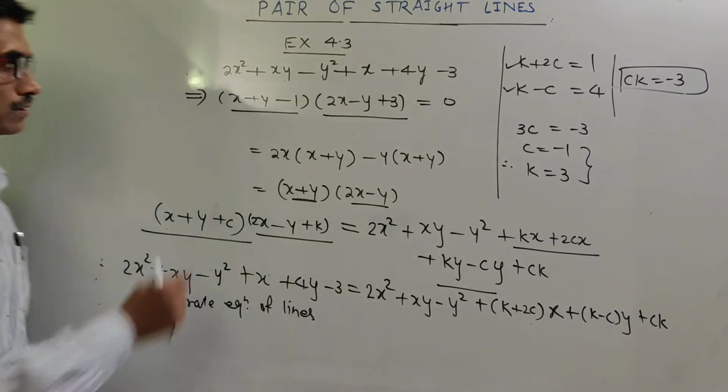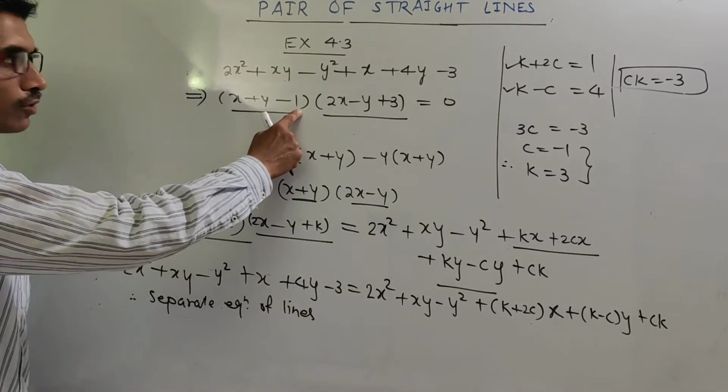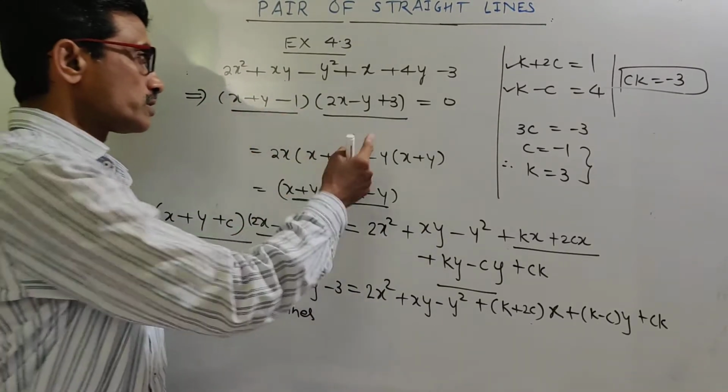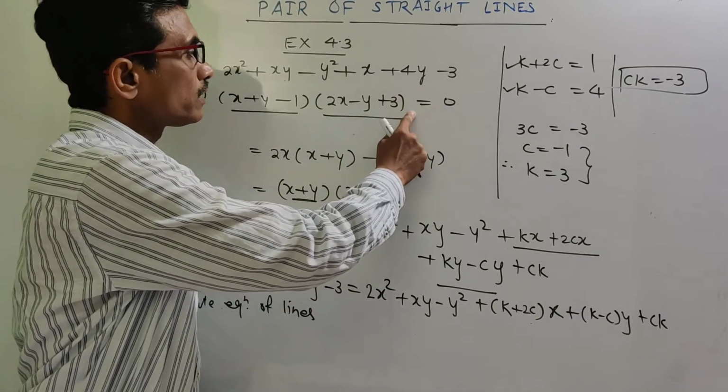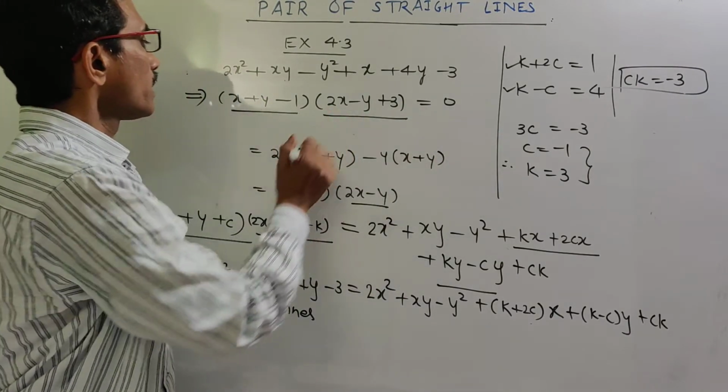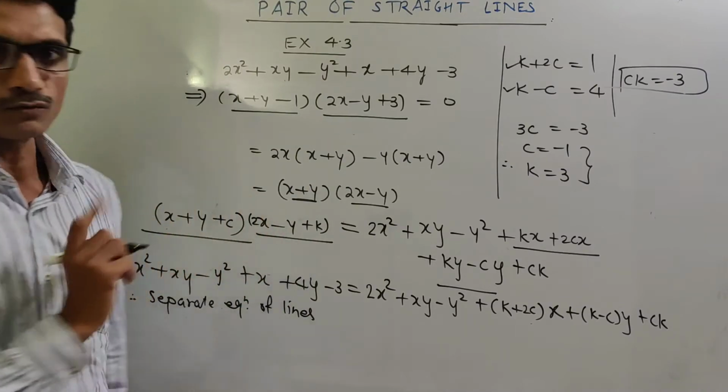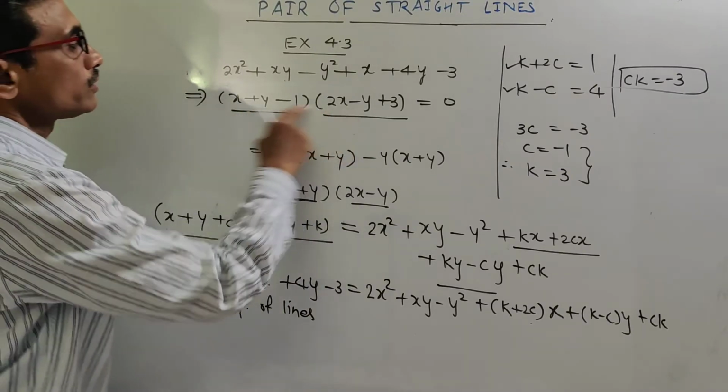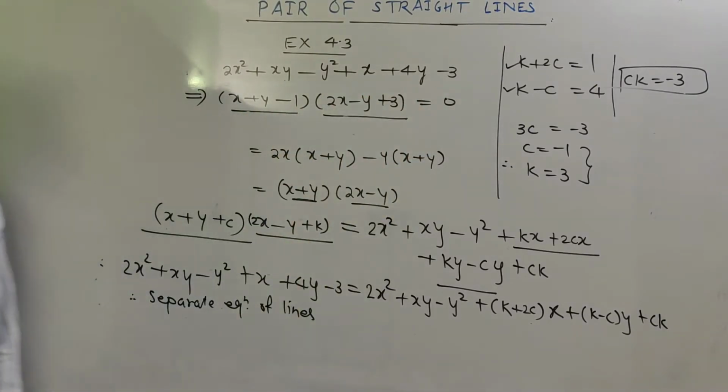So it clearly represents two lines. One is the straight line x plus y minus 1, which is not passing through the origin, and the other line is 2x minus y plus 3 is equal to 0. That means it is in the form u into v is equal to 0, so the equation represents a pair of lines. So what did we infer?